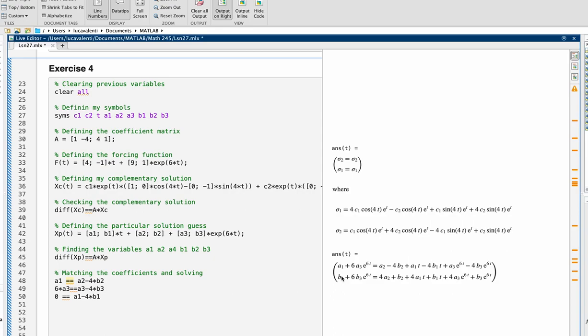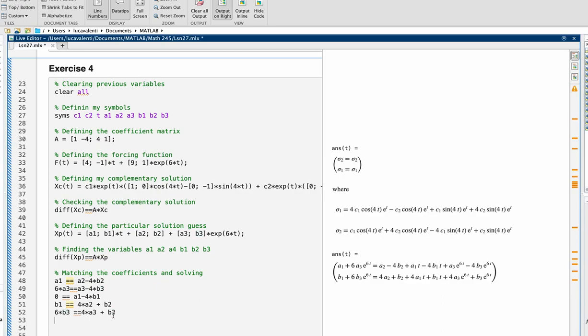So we're looking at b1, and we have other variables that are just by themselves. Well, we have these two. So 4 times a2 and b2 right here. And now we're looking at the ones that are the coefficient of e to the 6t. So 6 times b3 on the left-hand side, and on the right-hand side, we have 4 times a3 plus b3.